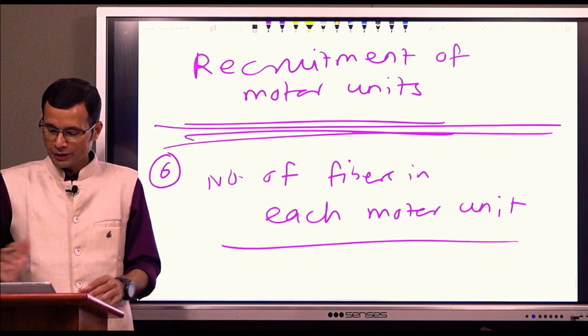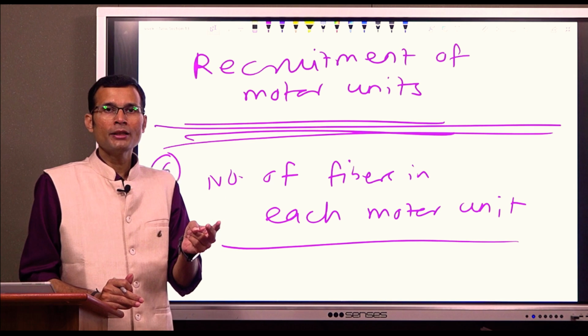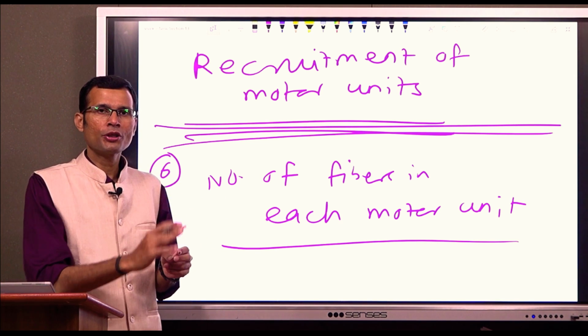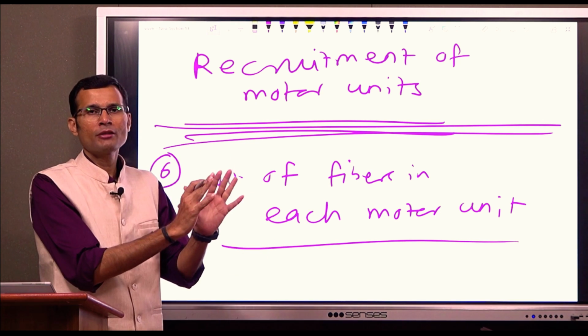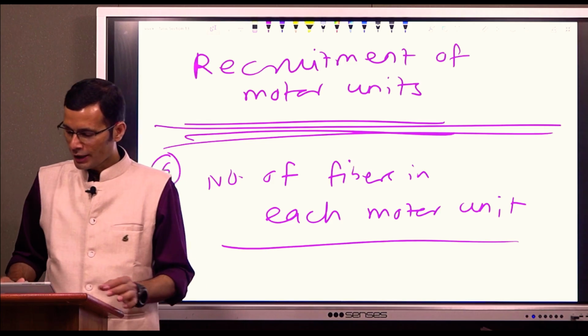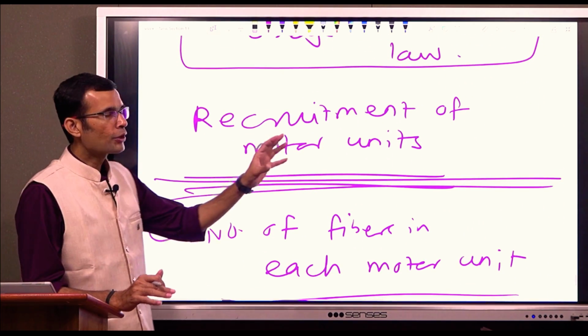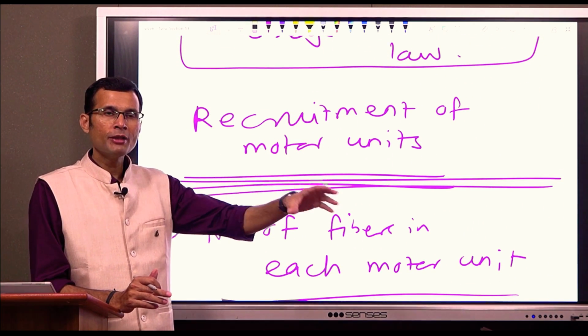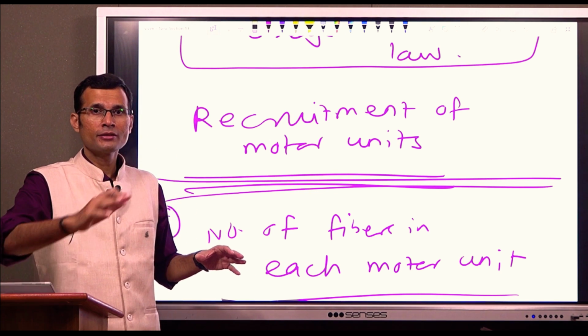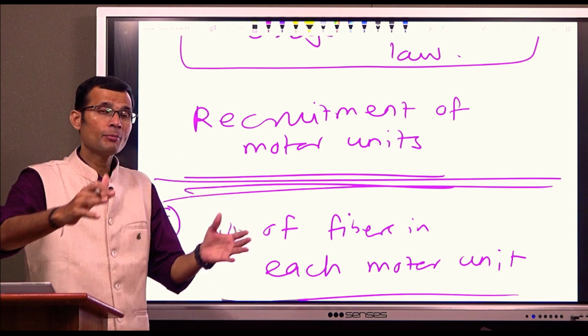So, imagine each motor unit has only 2 muscle fibers, and suppose there are only 4 such motor units. So, totally 8 muscle fibers are there in a muscle. It will produce a certain contraction, and suppose in each motor unit there are 50 muscle fibers and there are 10 such motor units in that muscle, then 500 muscle fibers.